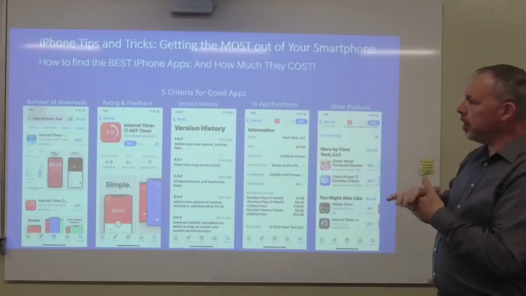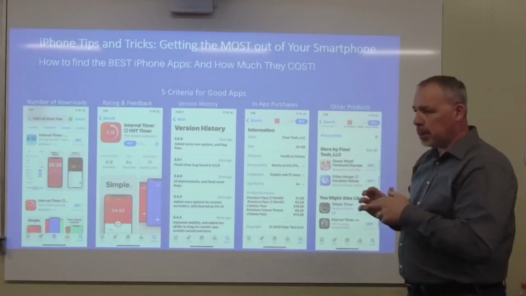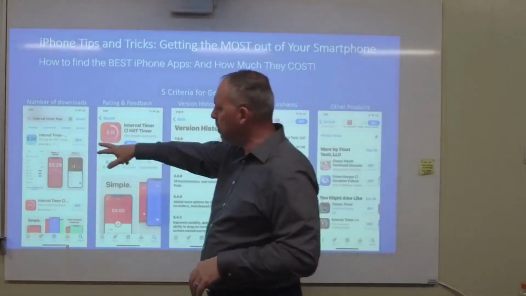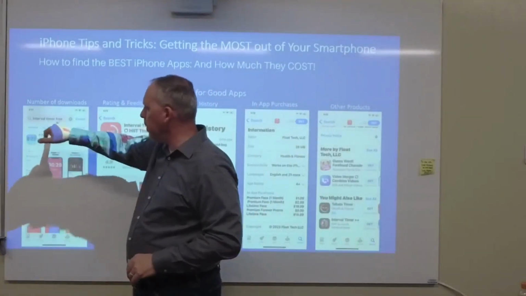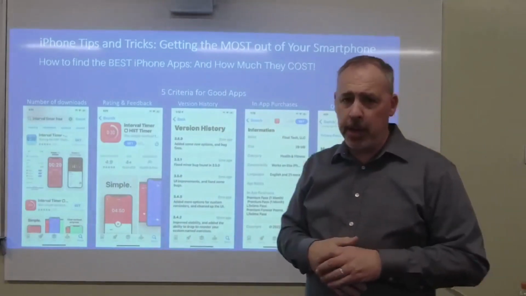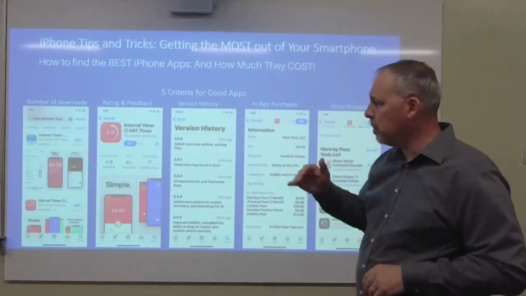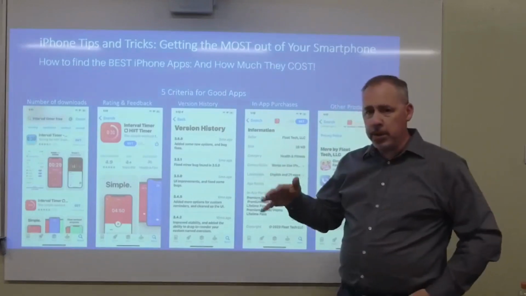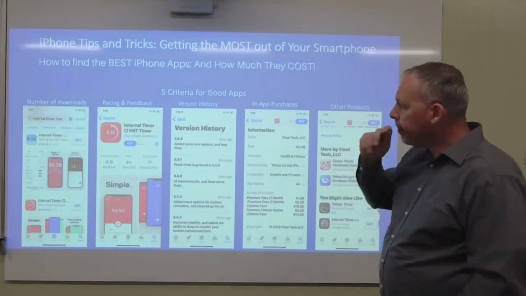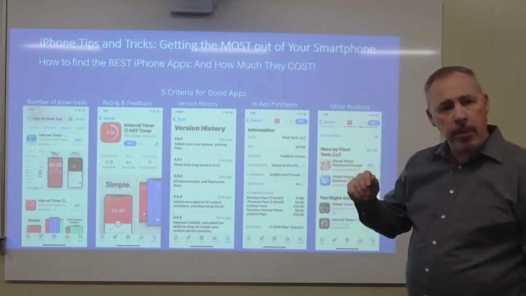So there are 5 criteria that I use. One is, as I'm scrolling through, I see the different things. For example, I'm typing in interval timer free. Hardly anything is free anymore. Everything has some kind of in-app purchase. Well, how do you know what the cost of that is? We're going to figure that out too. So even when you type in free, there could be a fee attached to it?